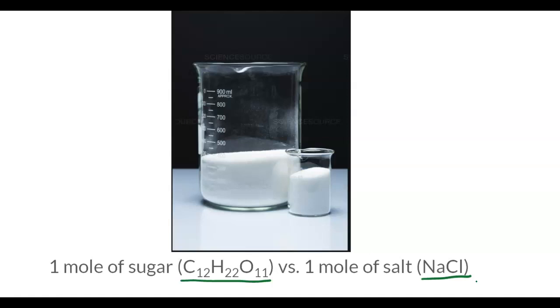You see a container that has a white powder where there's a lot more powder, and then you have a smaller container with the white powder that has a lot less powder. They both have the same amount of each chemical, but you notice that the volume and the mass are different. Which is which? If I assume this is A and this is B, make a guess of what you think will be sugar and which one will be salt.